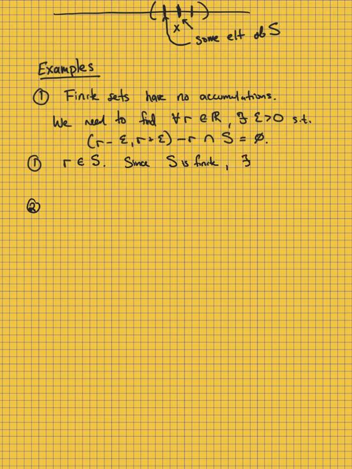So there exists some epsilon greater than 0 so that |r minus s| is greater than epsilon for all s in S.